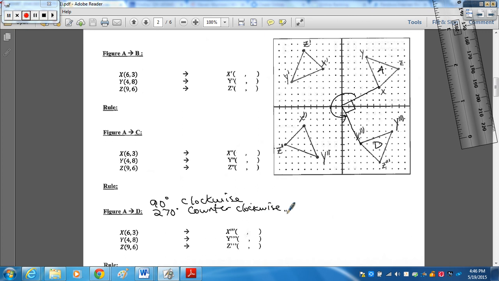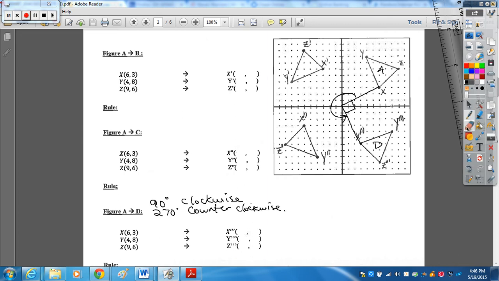Okay, so with that being said, if we fill in the ordered pairs here, the ordered pairs we have for X 1, 2, 3, 1, 2, 3, 4, 5, 6. So 3, negative 6. And let's do one more. Let's do Y. This will be at 8, negative 1, 2, 3, 4. 8, negative 4.